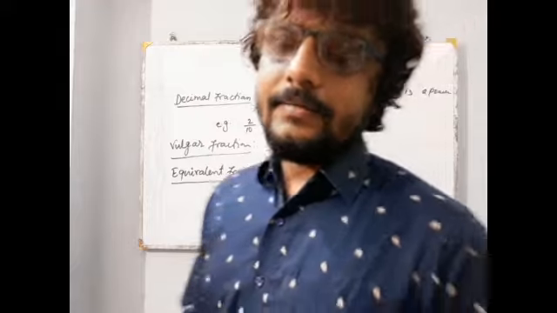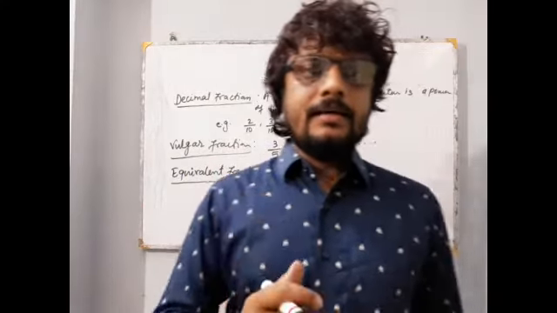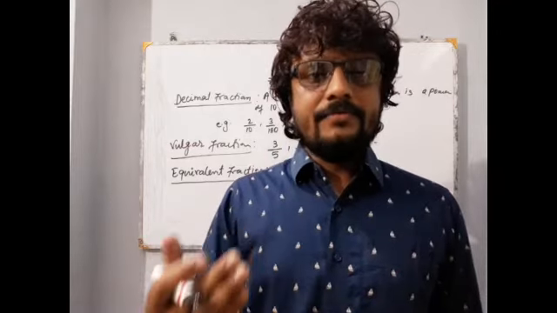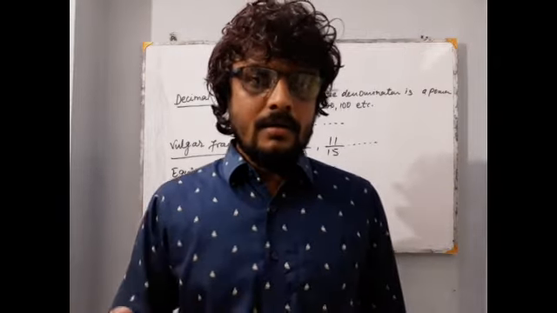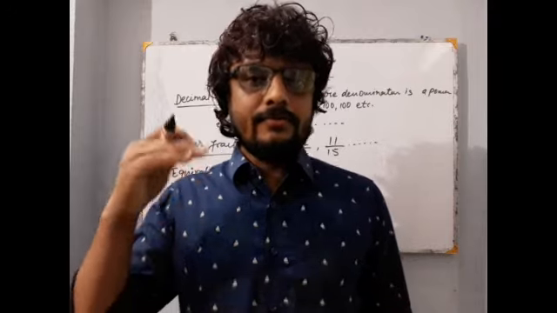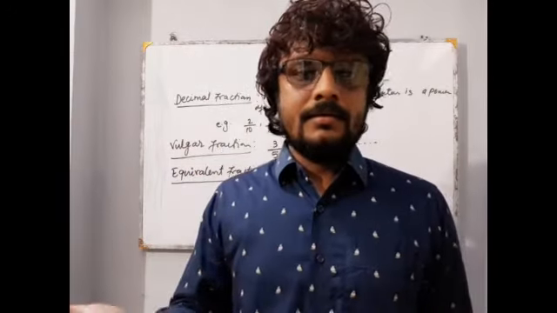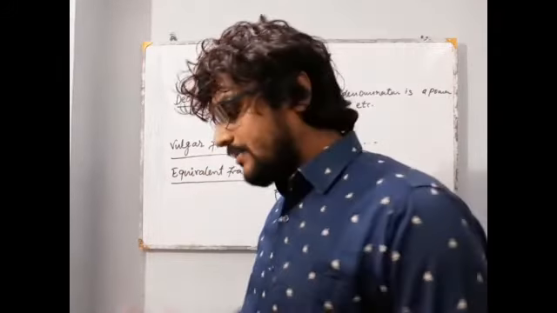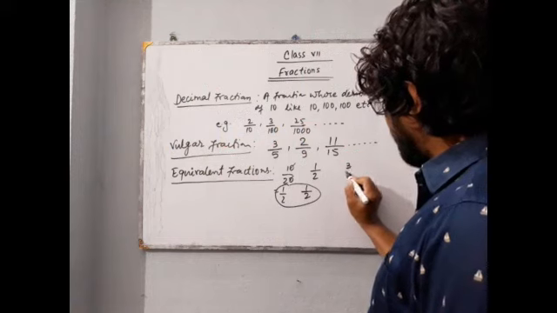We can say that when numerator and denominator of a fraction is multiplied by the same number, then we can get equivalent fractions. Or if the numerator and denominator of a fraction are divided by the same number, then we also find the equivalent fraction. Got it? Suppose that there is a number 3 by 2.